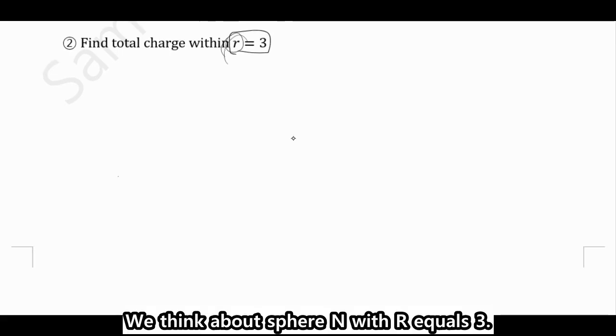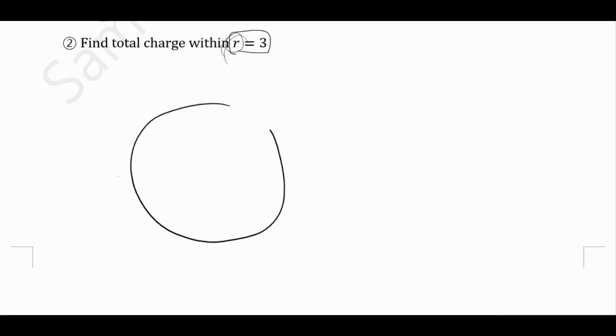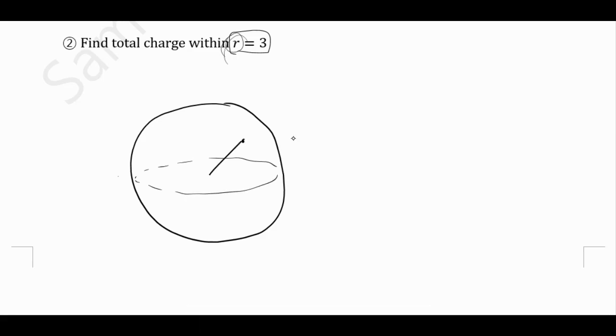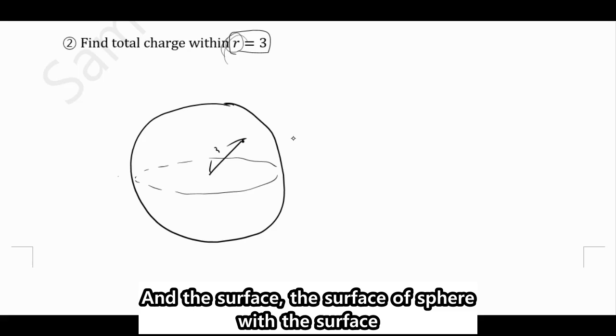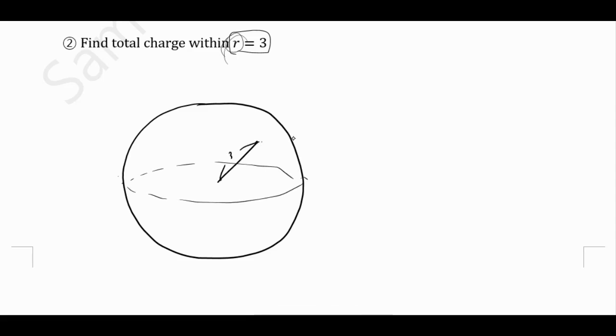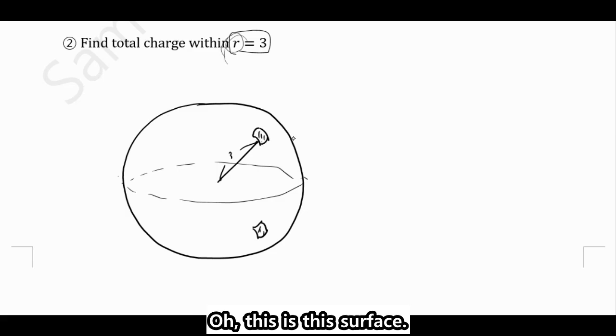We think about a sphere with r equals 3, and the surface of this sphere.